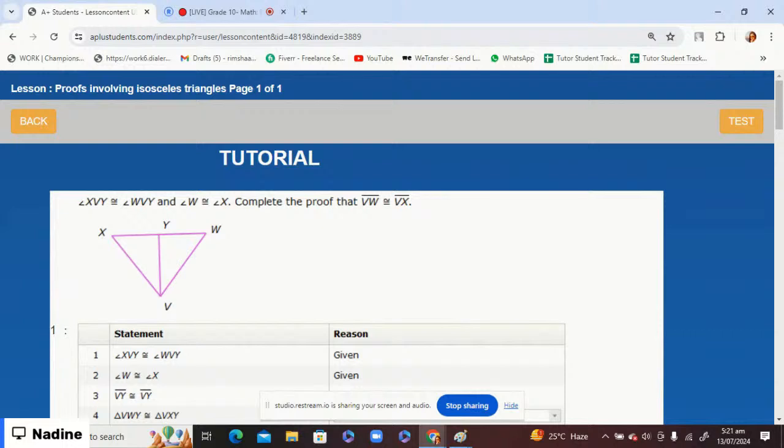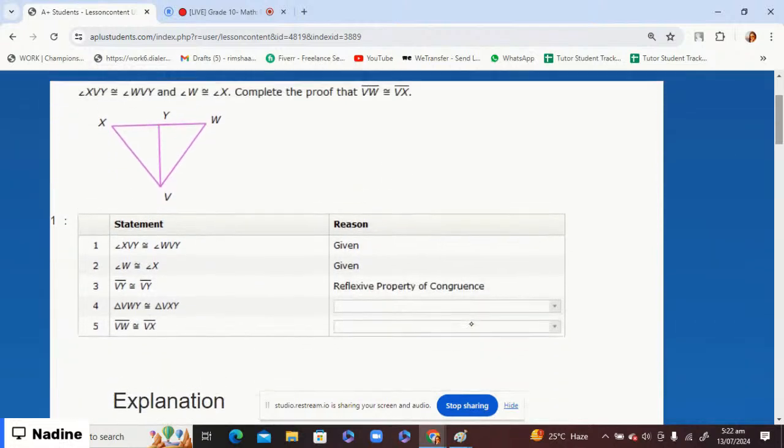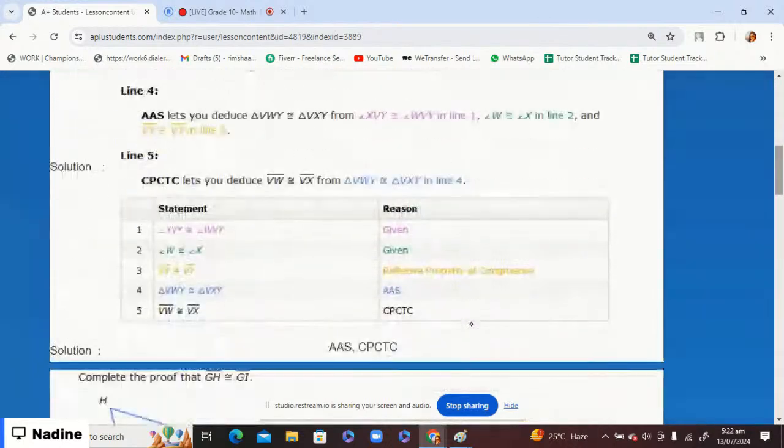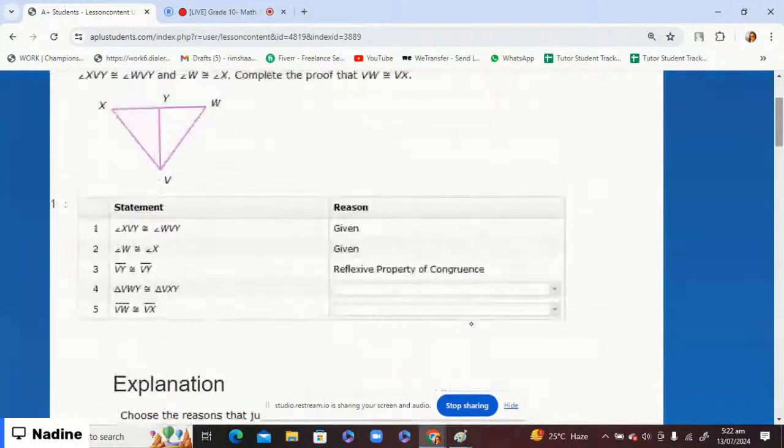Let me just check. Complete the proof that VW is congruent to VX. Now, what are the statements given? And here the reason is also given.